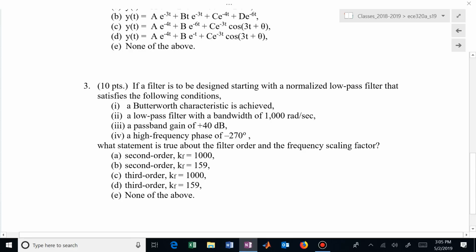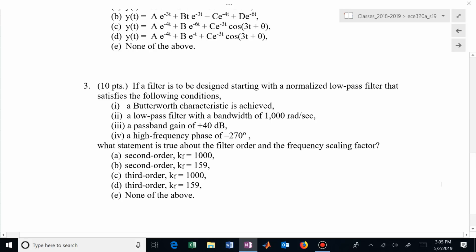So you're given some of the filtering characteristics of the filter that you're wanting, and you're trying to determine which of these cases it falls into. You need to design a normalized low-pass filter that satisfies the following, and it's obviously not going to be normalized if we now have this second specification, a low-pass filter with a bandwidth of 1,000 radians per second.